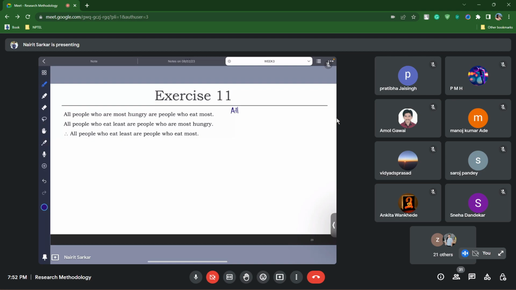All people who are most hungry are people who most eat. So all H are E. Let's write then, all who eat least are H. Is it valid? Anyone? Not valid. Why?